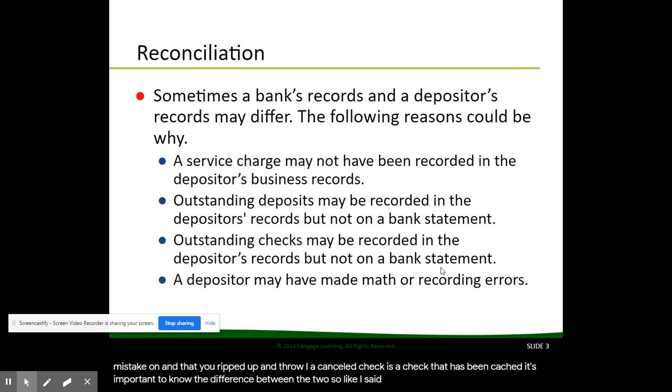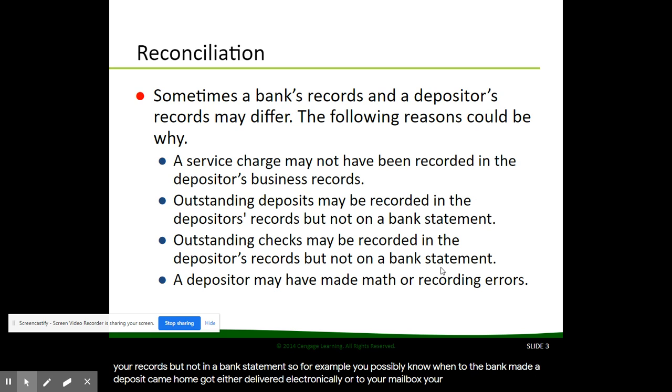So, like I said, sometimes a bank's records and your records are going to be different, and these are the reasons why that could happen. Number one, a service charge may not have been recorded in your personal business records. Number two, outstanding deposits may be recorded in your records but not in a bank statement. So, for example, you possibly went to the bank, made a deposit, came home, got your bank statement either delivered electronically or to your mailbox.